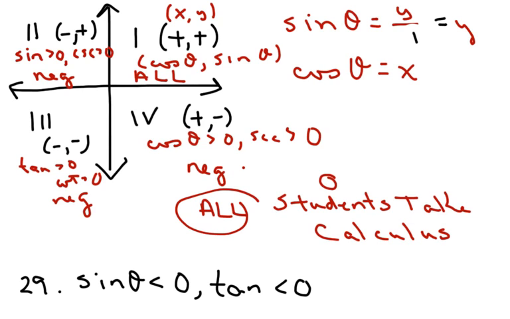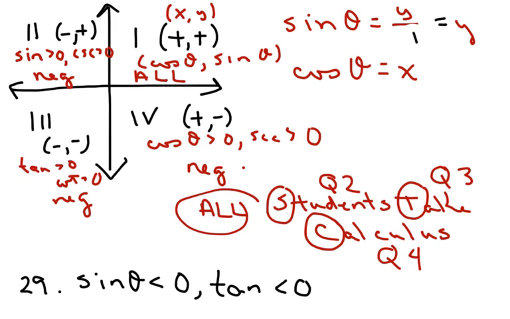In quadrant 2, only the sine and therefore the cosecant is positive. In quadrant 3, your tan and therefore your cotan is positive. And in quadrant 4, your cosine and therefore your secant is positive. So this is for your positive angles.